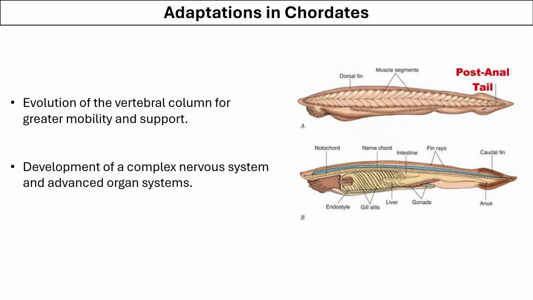Talking about the adaptations of chordates, they have a vertebral column which has played a very important role in their mobility and support. Because of these skeletal systems, they were able to move around much faster and to larger distances, and also the presence of the endoskeleton helps in protection of the nervous system and important organs like the brain and spinal cord.